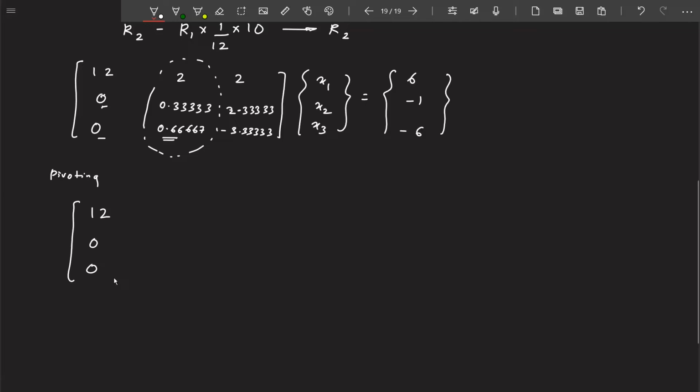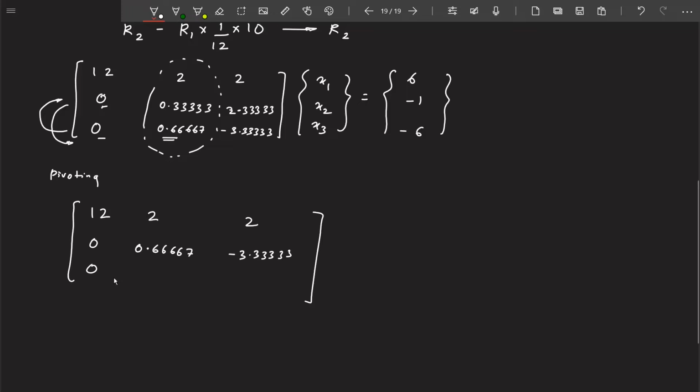So in this situation, you are going to interchange this. You're going to bring it here and then bring it here. So if you do that, this becomes 0.66667, minus 3.33333.